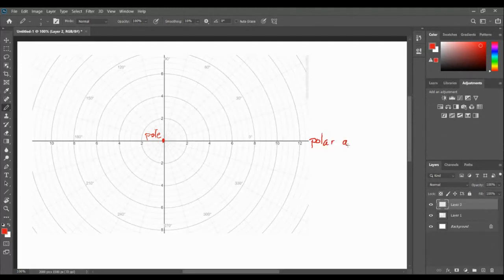And it's really just the positive x-axis portion. So when we graph points in a polar coordinate system, what we're graphing is (r, θ), where r is the distance from the pole and θ is the angle from the polar axis.